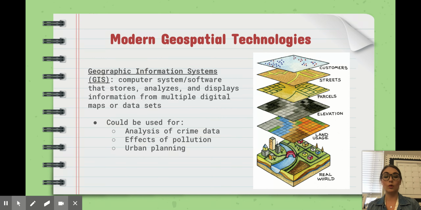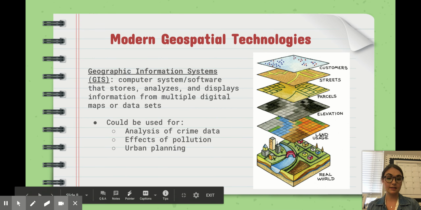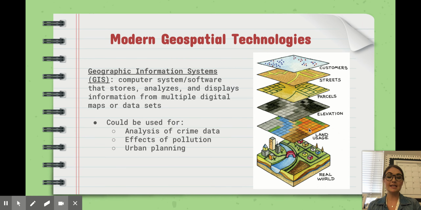And so what it does is it takes, and this is an illustration over here, various maps and stacks them on top of each other so that you can see patterns. Okay.